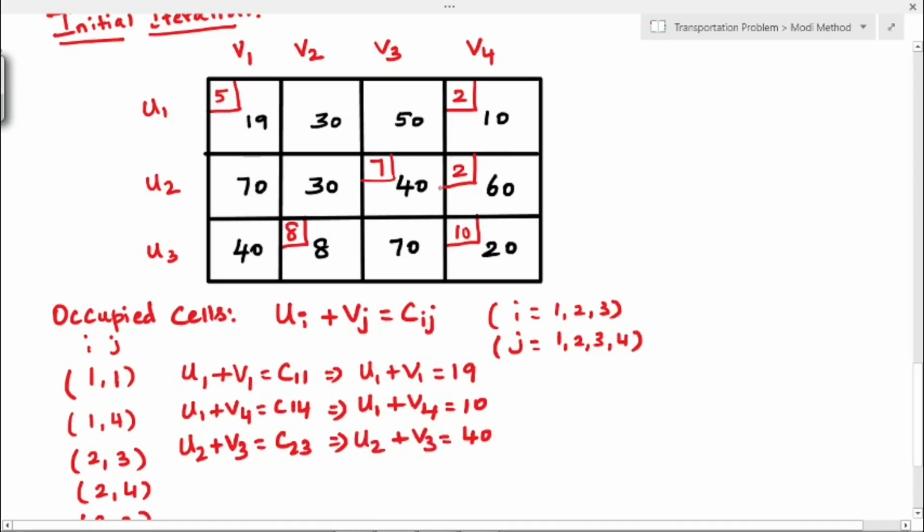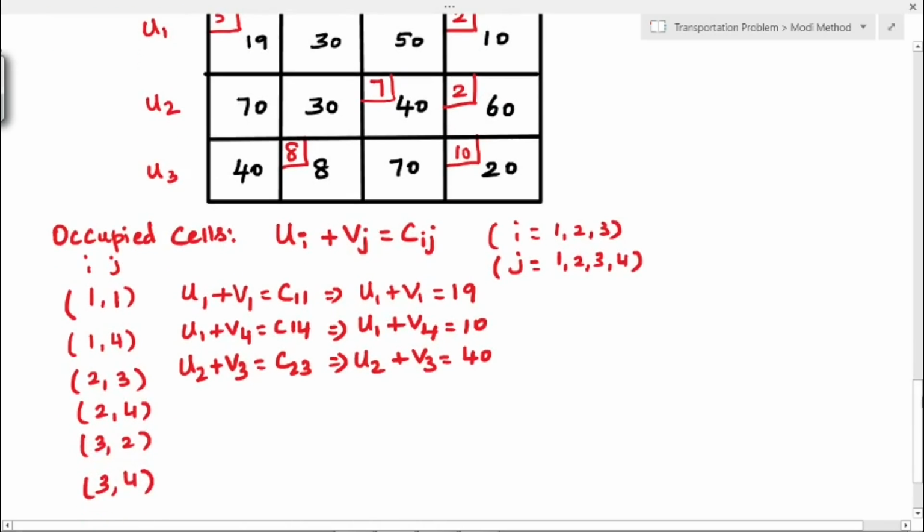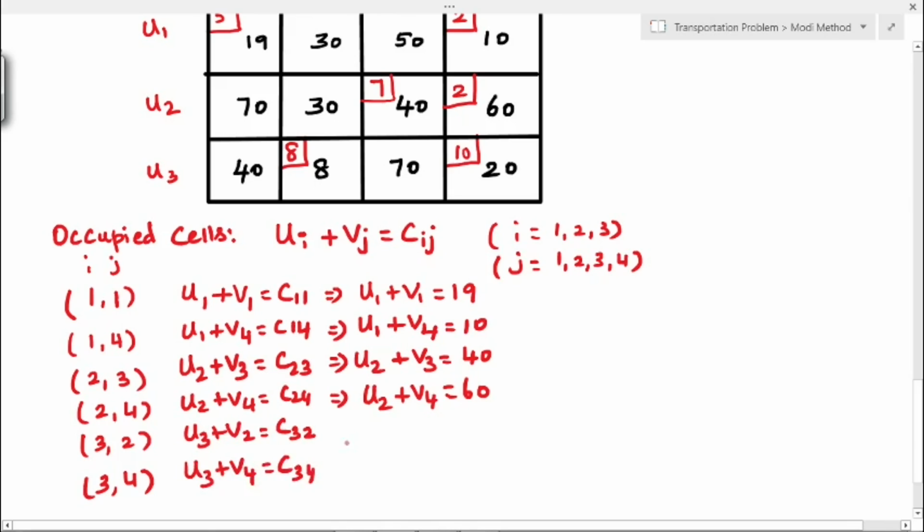Next, U2 plus V4 column, equal to 60, so U2 plus V4 equal to C24. Then U3 plus V2 equal to C32 and U3 plus V4 equal to C34. So third row, U3, corresponds to V2.